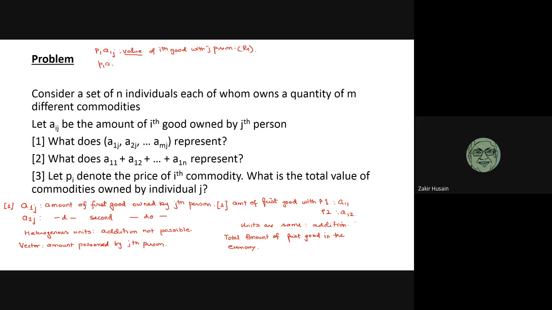So P1 A1j, P2 A2j, all these are in rupees, and it is possible to add up these amounts. And the amount is the value of all goods with the jth person. It is given in rupees.